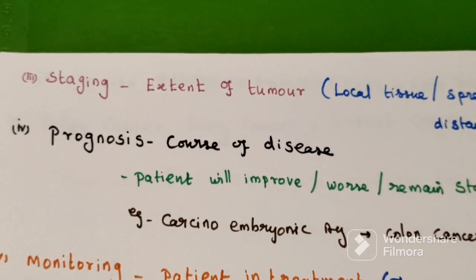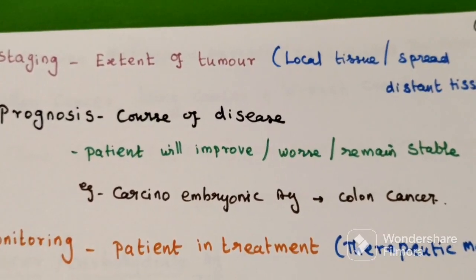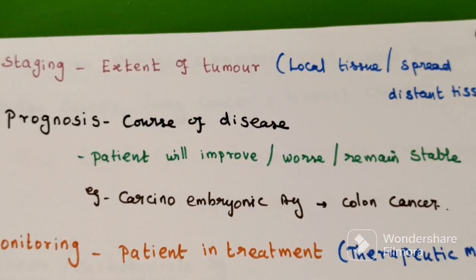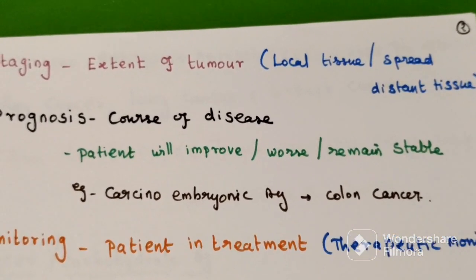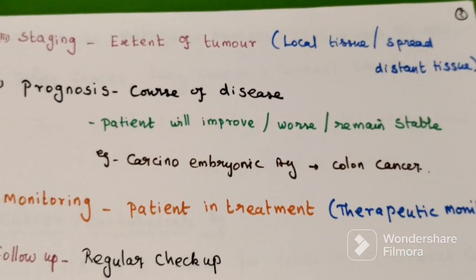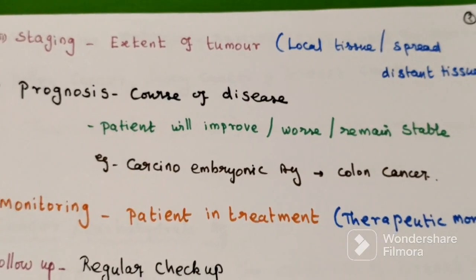The next one is prognosis, the course of disease, whether the patient will improve, worsen, or remain stable. That is known as prognosis. By using this, we will know the patient's condition.